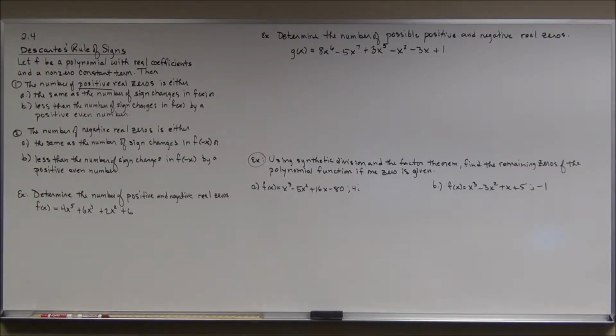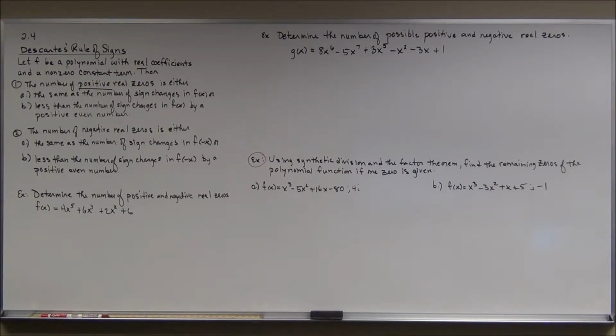This gives us an idea of how many positive and negative real zeros there are of some polynomial. Now, of course, that doesn't help us with imaginary, because truly imaginary numbers are neither positive or negative, but it would help us with the real zeros.